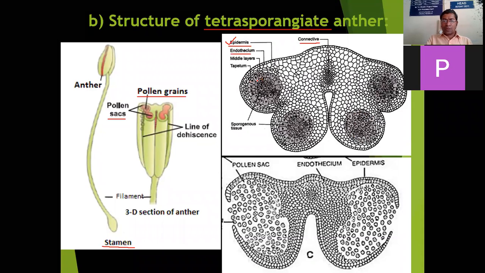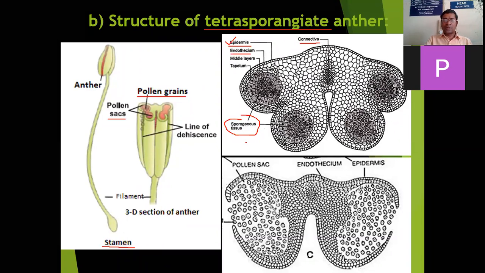Now, the central tissue, which is present after the tapetum, is called the sporogenous tissue. This sporogenous tissue is a very important tissue because the development of the pollen grains takes place from it. The sporogenous tissue is also called the spore mother cells.